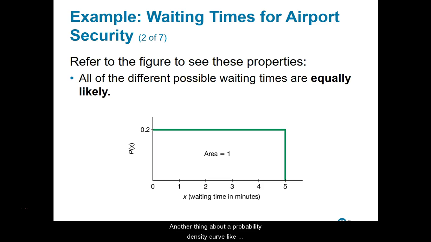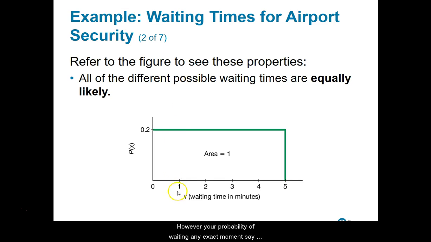Now, the thing about a probability density curve like this is that your probability of any exact time is going to be 0. Because the total area, and the area is what your probability is, the total area is 1, meaning that you will definitely wait between 0 and 5 minutes.